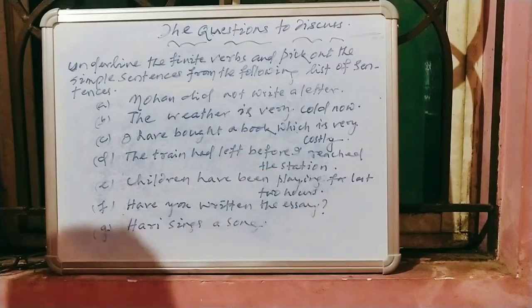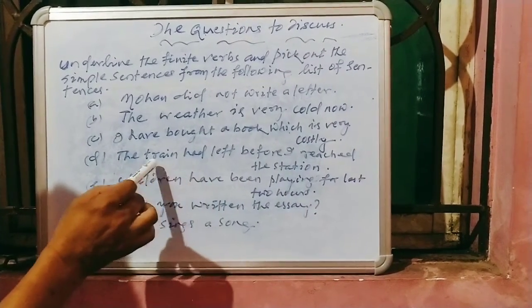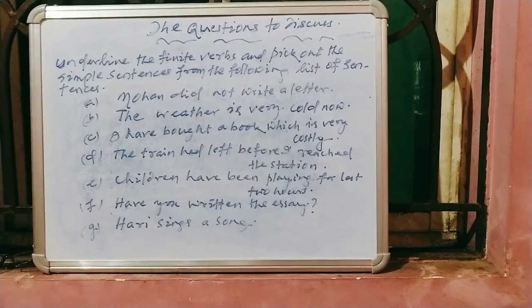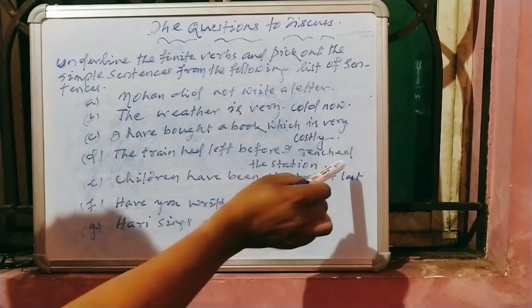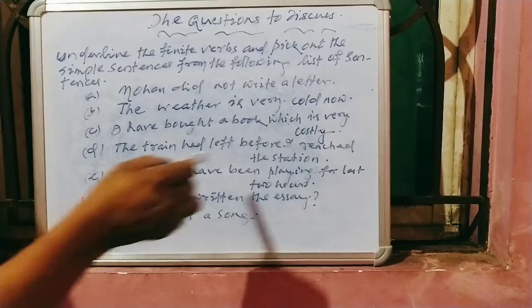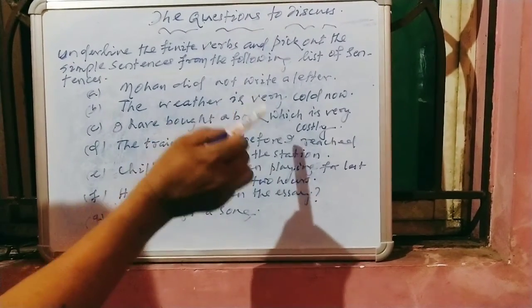Before I reached the station, it is another clause, right? So as a result, we have two finite verbs. Had is the finite verb here in the first clause, and reached is the finite verb in the second clause. And before is a time adverb. So adverb clause is also a subordinate clause.